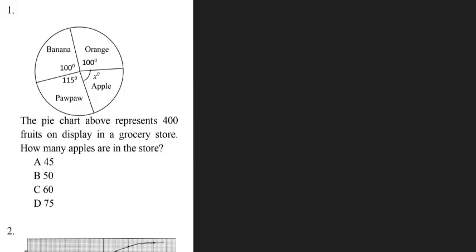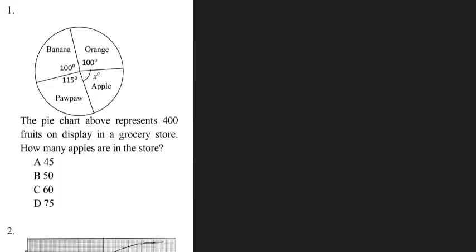So with this, let's go right into it. Our very first question says the pie chart above represents 400 fruits on display in a grocery store. How many apples are in the store? So in this case, we have a pie chart here where x is unknown.